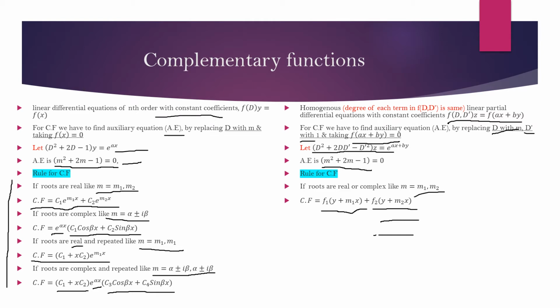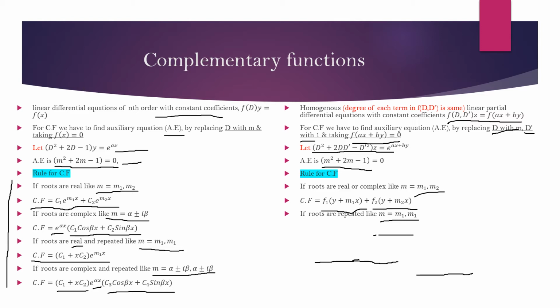Then this equation can be represented as (D plus mD dash minus a) z equals f(x, y). Because of this, the degree of D and D dash is not equal on the left side. So to find the CF, we just compare this with D plus mD dash minus a.